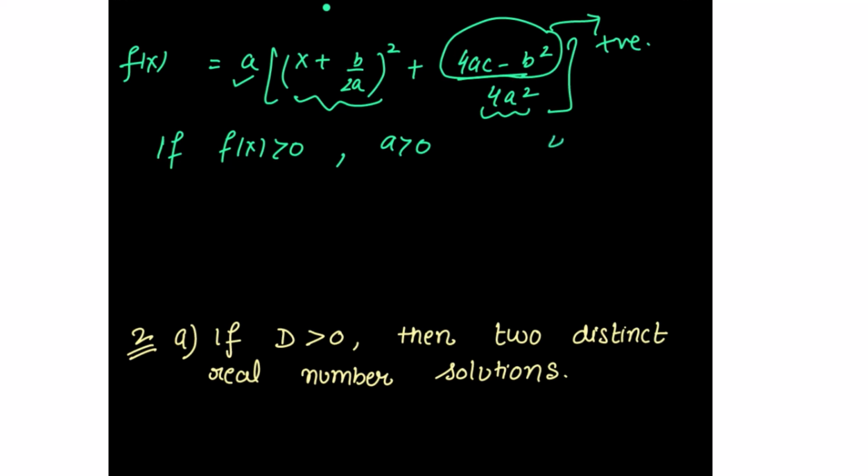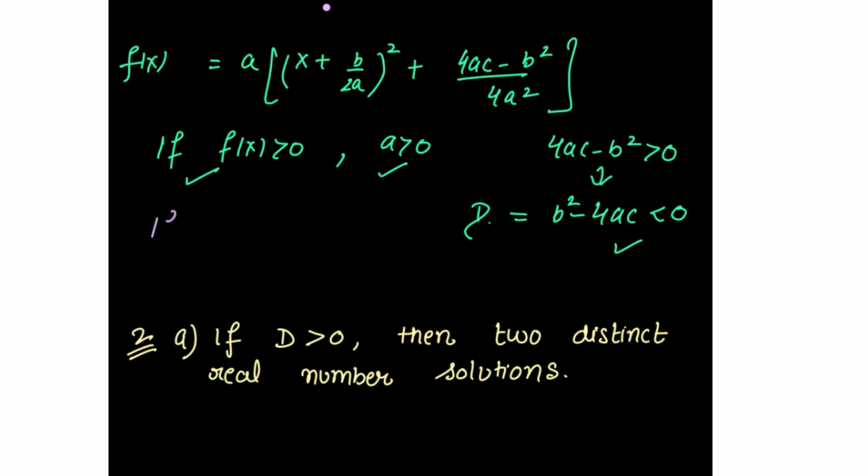That means 4ac − b² should be positive, or you can also write it as b² − 4ac should be negative, which is your discriminant. So for f(x) to be strictly positive, a should be positive and the discriminant should be negative.